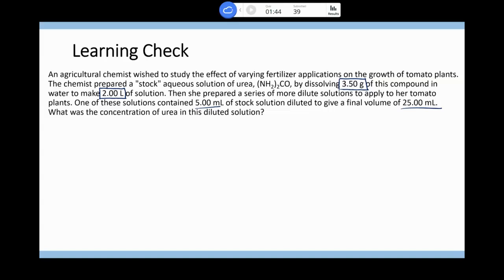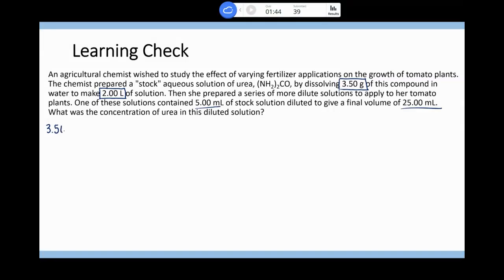So we can calculate the molarity of the stock solution, and then we can do our dilution, M1V1 equals M2V2, to find the molarity of that diluted solution. We're given grams of urea and trying to find concentration, so we need to convert to moles. Let's convert to moles, and then we'll calculate molarity.